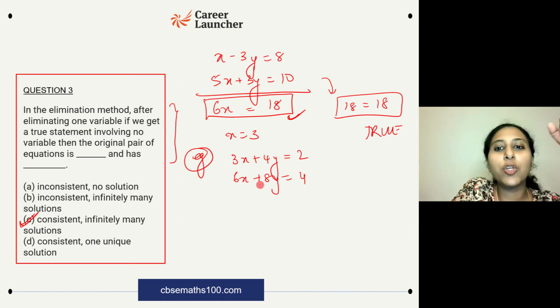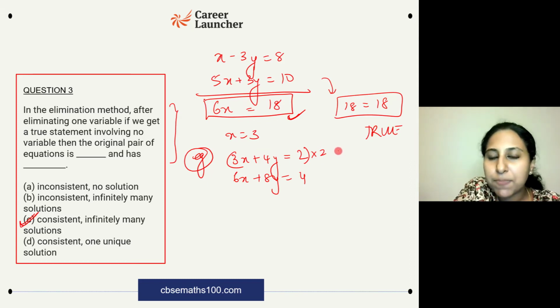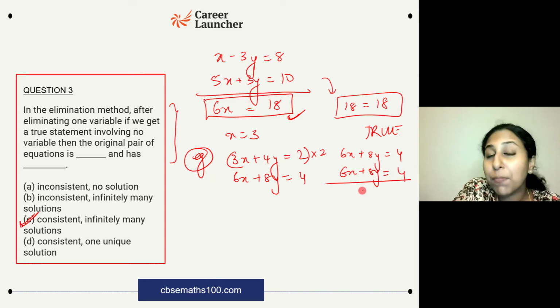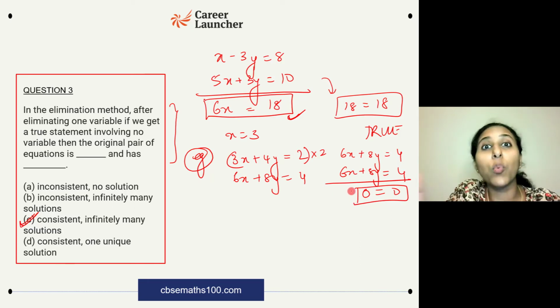Now, if I try to eliminate a variable over here, maybe I multiply this by 2, right? When I multiply this by 2, I get 6x plus 8y is equal to 4. This is also 6x plus 8y is equal to 4. When you're subtracting both sides, what happens? You're going to get 0 is equal to 0. Now, this is factually correct, but there is no variable.